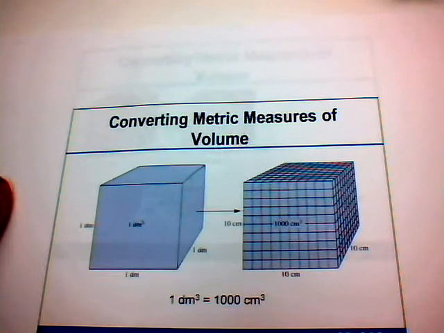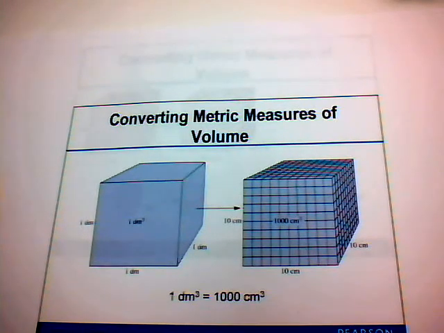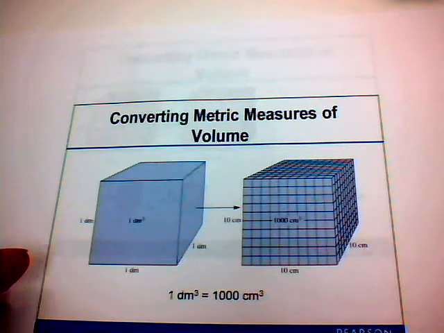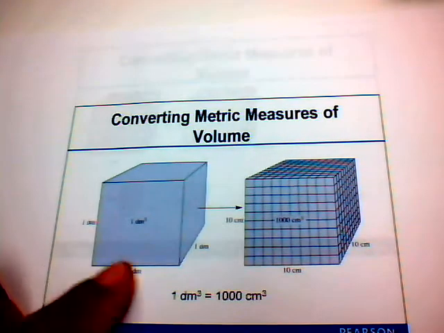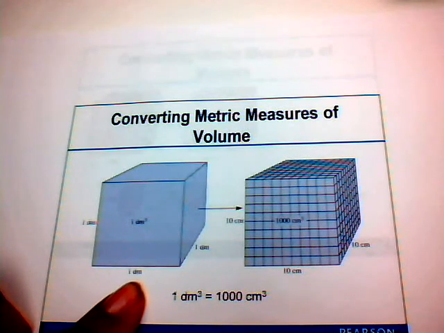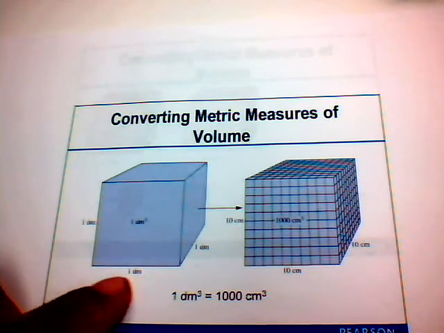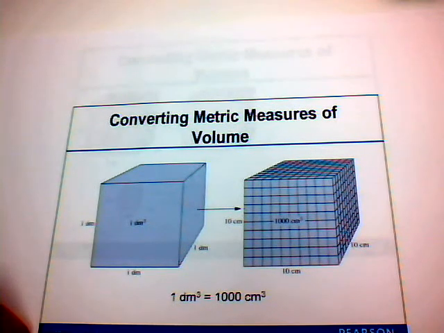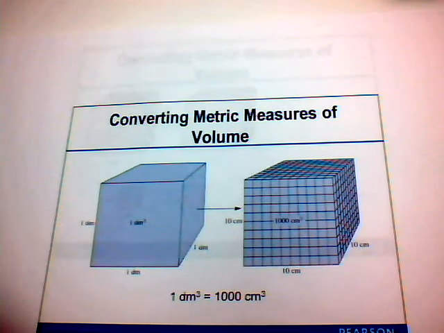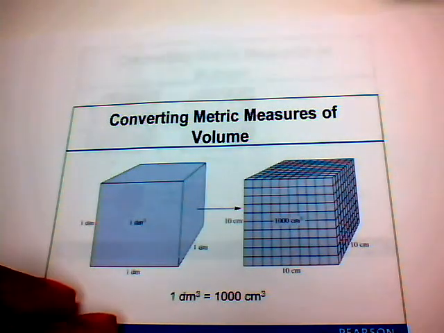Okay, now suppose we want to convert metric units of volume. In this case, let's say we have 1 decimeter. A cube with 1 decimeter on the length, width, and height. So the volume there will be 1 cubic decimeter.